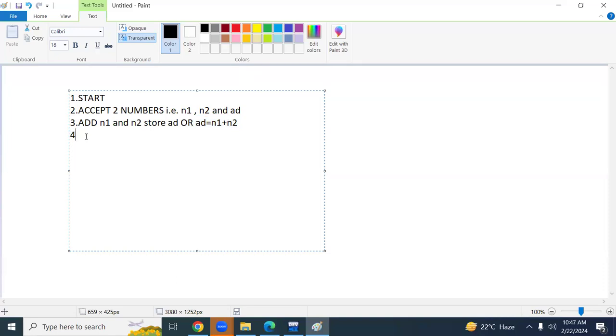Then wherever the addition is stored, I need to print that one. Yes or no? I need to print ad, and after printing, I'm getting the output. The fifth step is, you can write stop or you can write end. Are you able to understand how to write an algorithm?